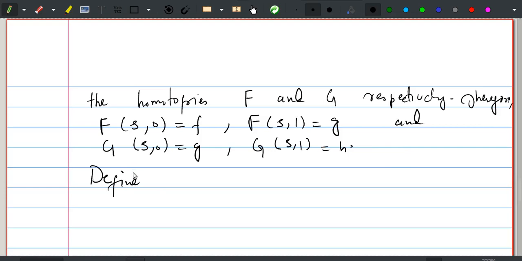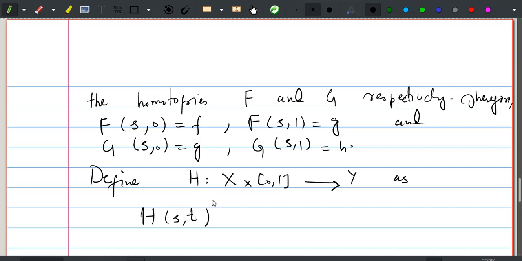Define H from X cross [0,1] to Y as H of (s,t), where t belongs to [0,1] and s belongs to X.